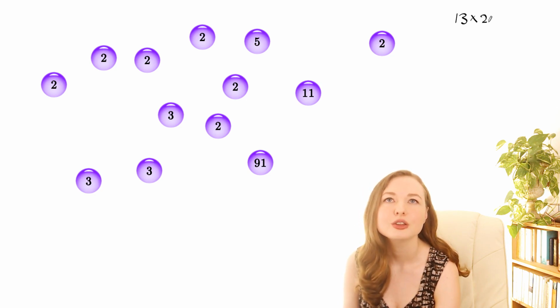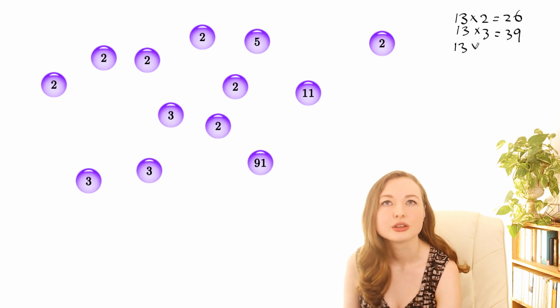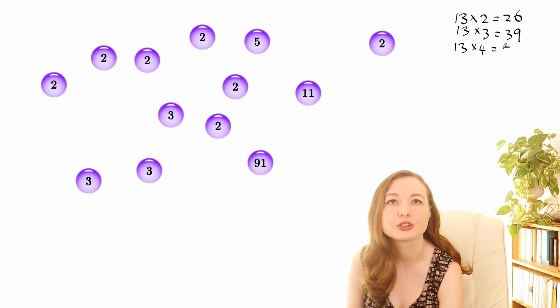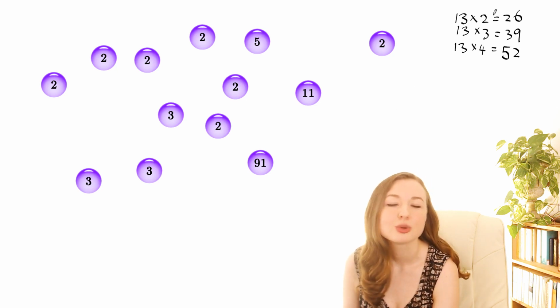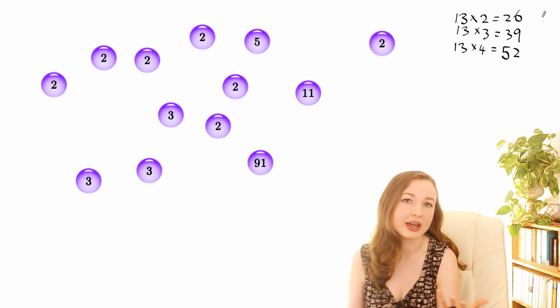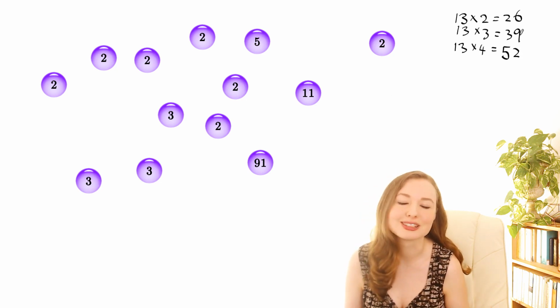So we've got 13 times 2 is 26. 13 times 3 is 39. 13 times 4 is 52. So what I'm saying is, it might be something like 25, 26, 27, 28. That might be the answer. Or 38, 39, 40, 41, something like that.